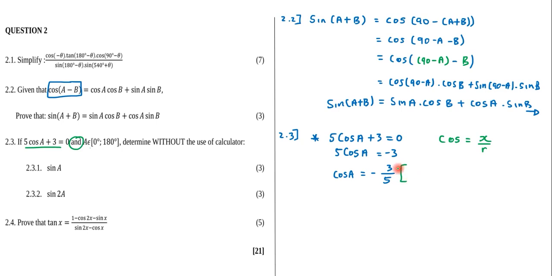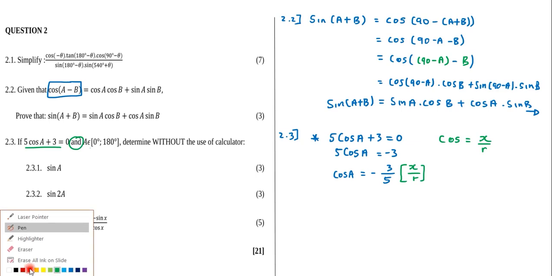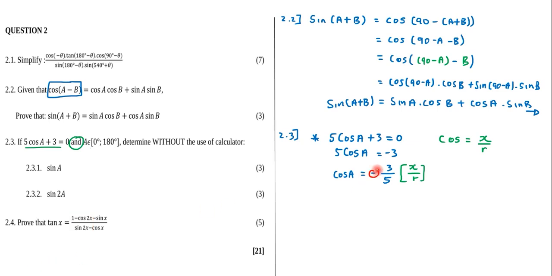So this tells me that I have my adjacent at the top and then my hypotenuse at the bottom, right? Now, what's the second thing that it tells me? It tells me that this cos ratio is negative. Now, according to my Cartesian plane, which quadrants do I have cos being negative? So now I know that cos becomes negative in the second quadrant and the third quadrant.